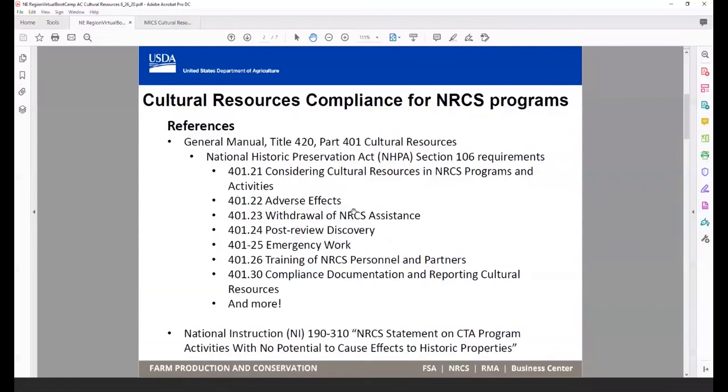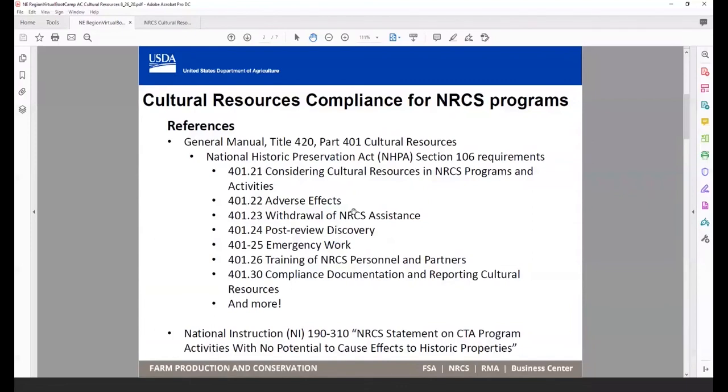So it's broken down into a bunch of different sections. 401.21 is just an overall considering cultural resources in an NRCS program. Then it goes into adverse effects. So we have to make sure that anything that we're planning, we evaluate to ensure that we're not going to have adverse effects on cultural resources or historic properties. Then there's a process.